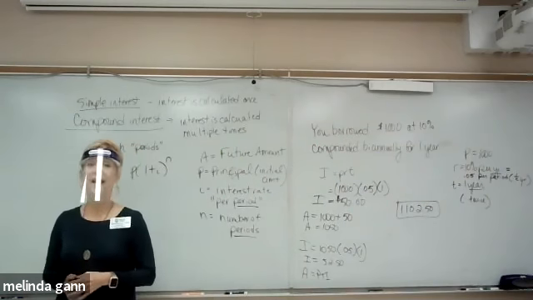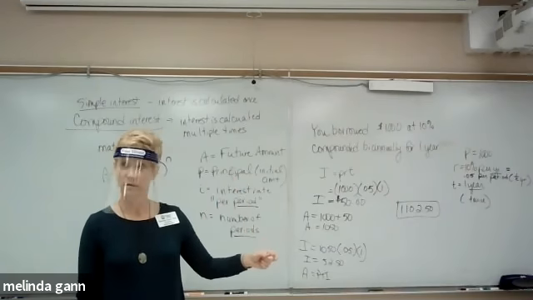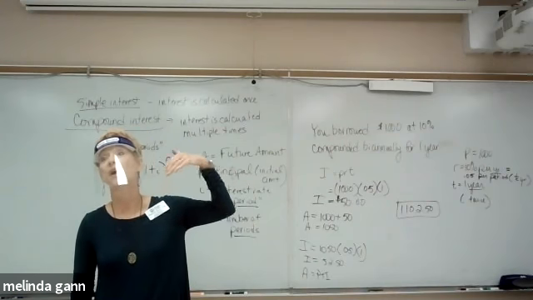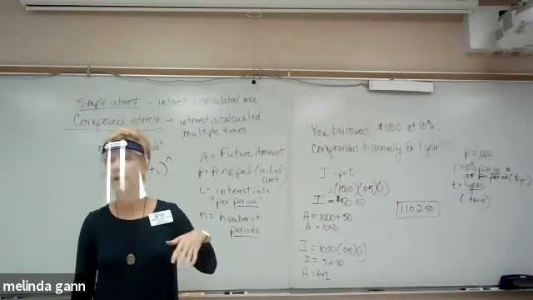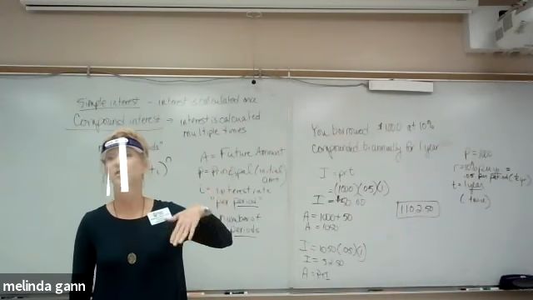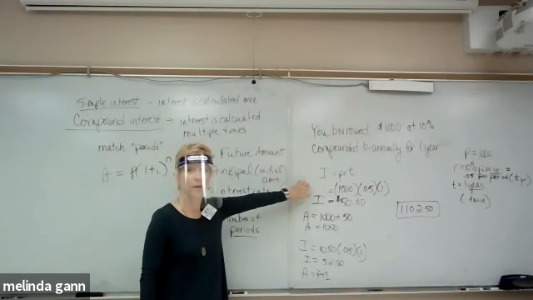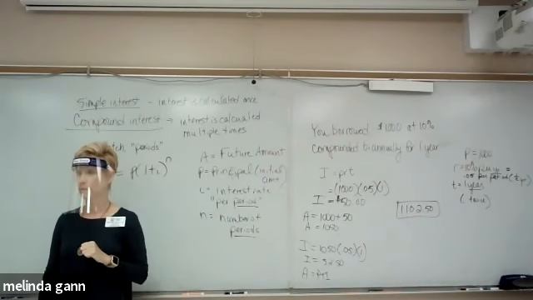So if it's compounded semi-annually, they both got to be in terms of semi-annual. If it's compounded quarterly, everything's got to be in terms of quarters. If it's compounded monthly, your period is a month. So everything's got to be in terms of months. So we're going to go back and work this same problem with this formula. It's going to be a lot quicker. Okay?